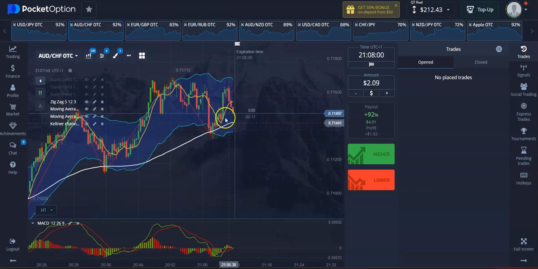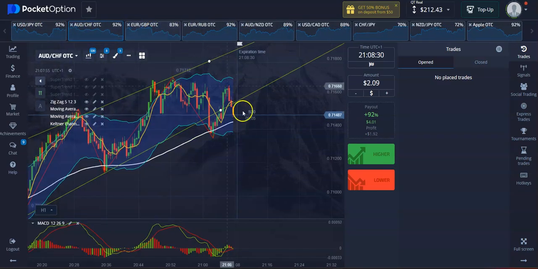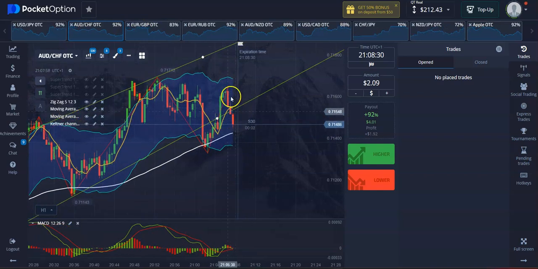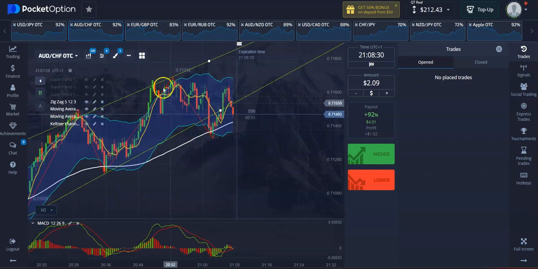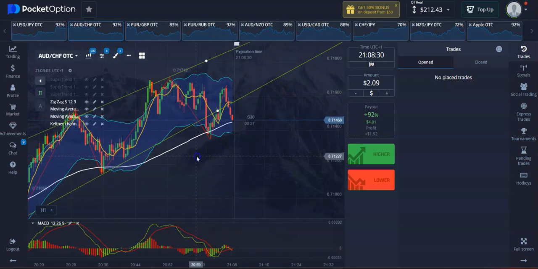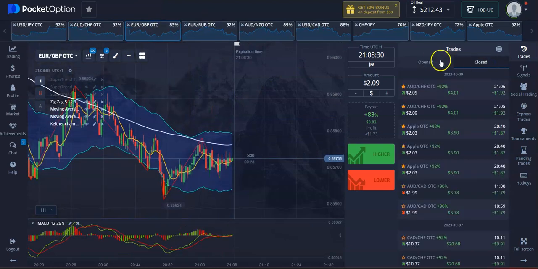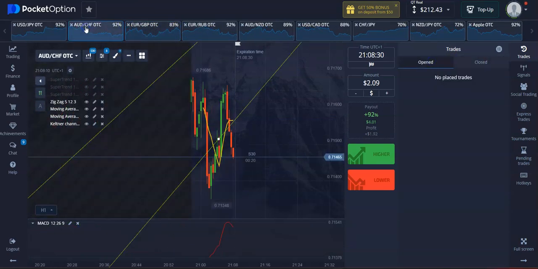So as you can see right here, price didn't go up. Was it this one? No, it wasn't this one. This one right here. So as you can see, price didn't go all the way up. Seems like the trend is about to reverse. Okay. So was it this one? Not really sure. But anyway, let me see. Yeah, it was this one right here.